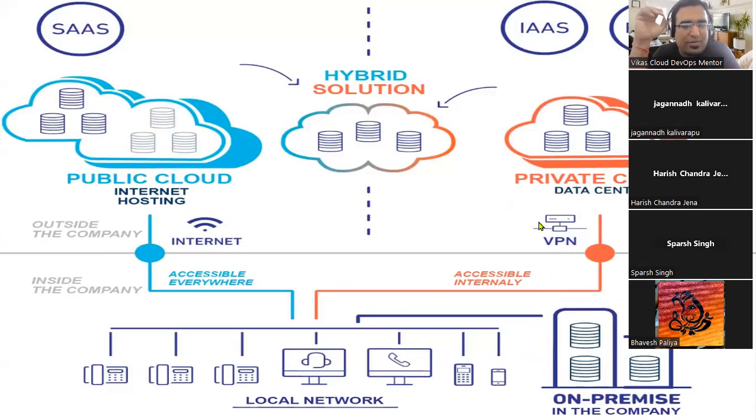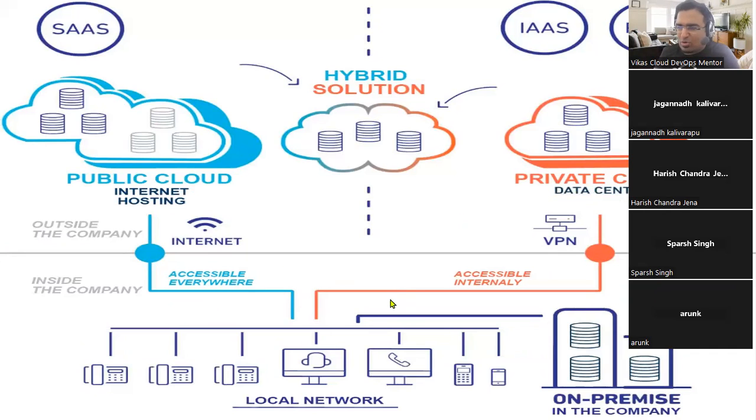In your company, when you want to access your company's private resources, you are connected first to the VPN, then only you are able to connect to the private cloud. Agree? In your office laptop, you are connected with the VPN first, and then you connect to the private data center or private cloud. Okay, cool.